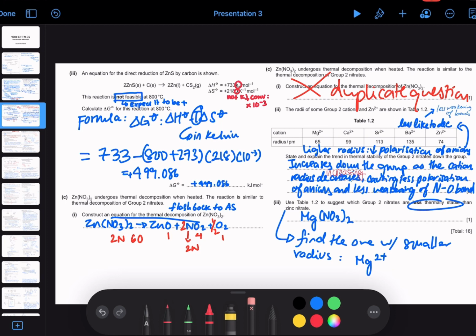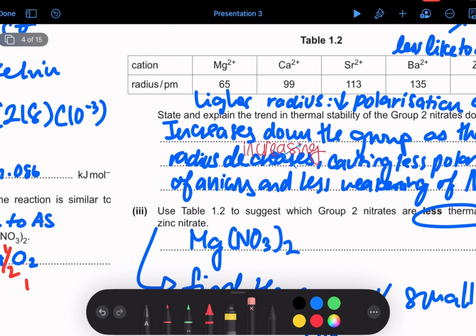So causing less polarization of anions and less weakening of the N-O bond. So down the group, higher radius, less polarization of anions, less likely to be decomposed, and less weakening of bonds. So make sure to remember this one is supposed to be increasing, not decreasing.